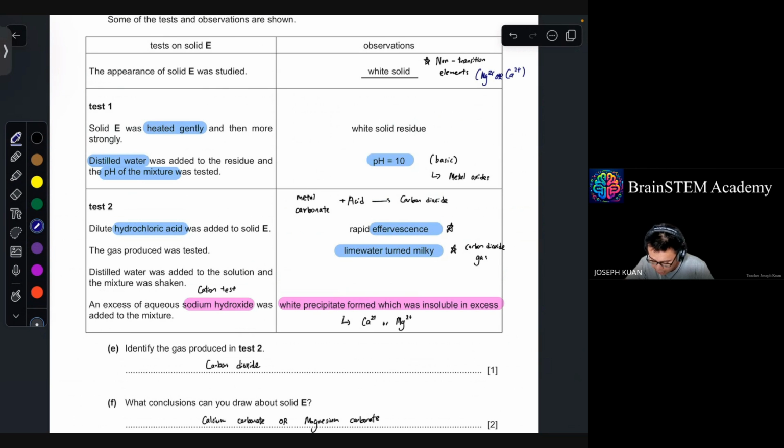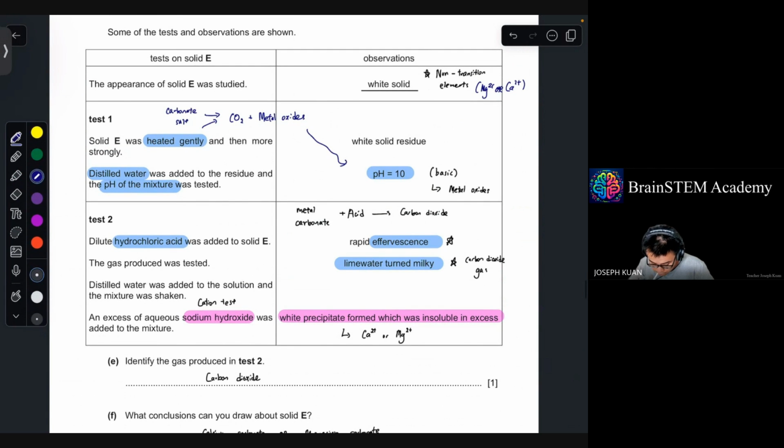And then when you take carbonate salts and heat them, they will form carbon dioxide and metal oxides, which is why it's basic. So you have a carbonate salt heated, and that gets you carbon dioxide and metal oxides. So we are on the right track actually.